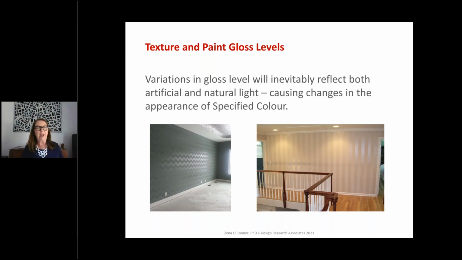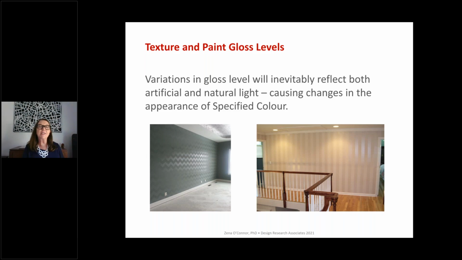Similarly, variations between flat, sheen and gloss paint finishes will also impact perceived colour. Flat paint generally doesn't reflect too much light, while satin, semi-gloss and full gloss will reflect artificial and natural light to varying degrees. In the image at right, a wall painted in flat and semi-gloss stripes reflects both the artificial and the natural light.